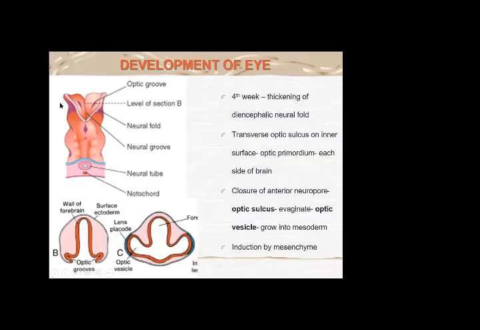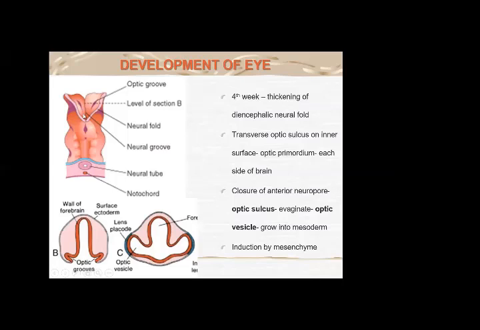I'm sure they must have told you that diencephalon is the most cranial part of the neural tube. So this is the part where you have the forebrain or the diencephalon, the cranial most end thickening of the neural tube.